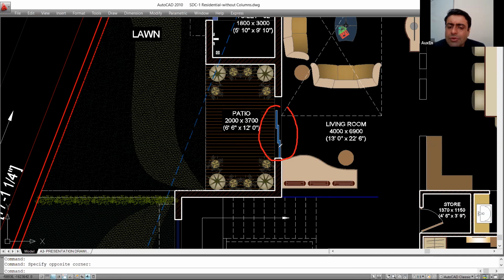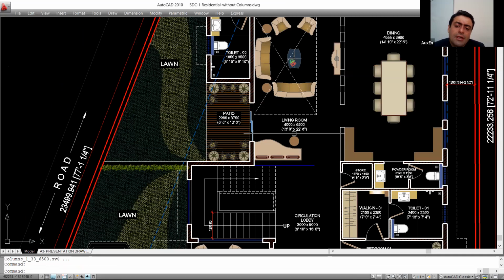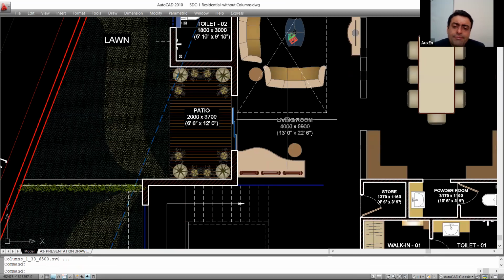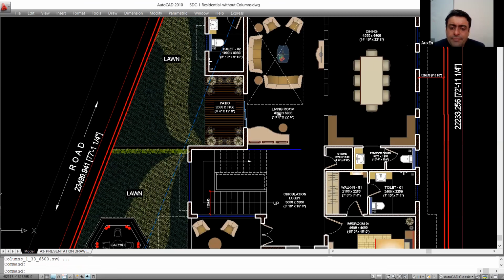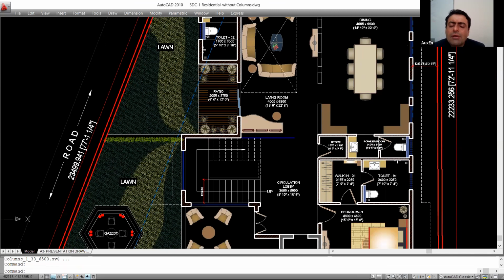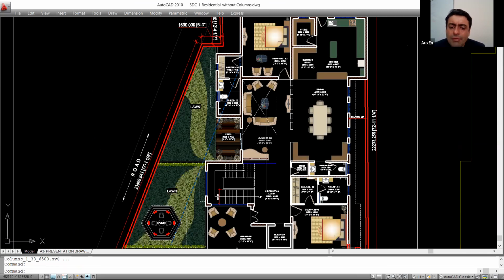So typically this would be a transparent glass shutter that you will have, so that you get a good view of the lawn sitting in the living room, and you are easily able to move into the patio, and you are easily able to move into the lawn if required. Right. So this is the living room. Then I think, yes, this is all what we have at the ground floor level.